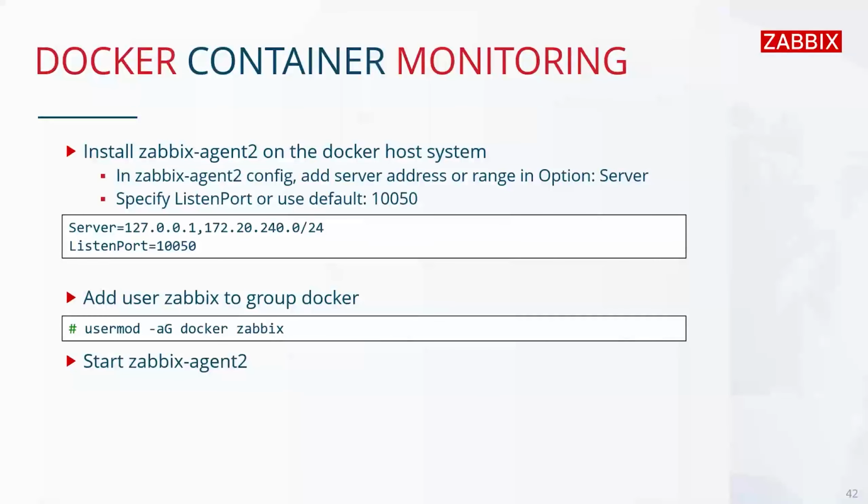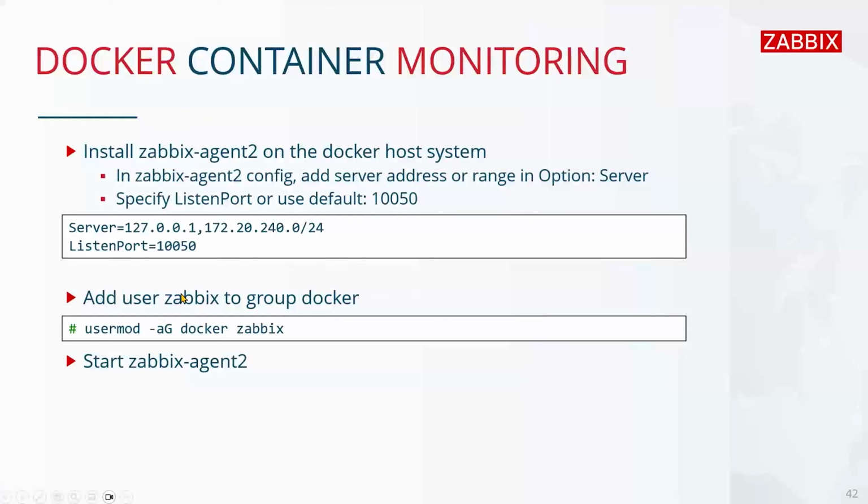You can also monitor your Docker containers. For this, you'll need to install the Zabbix agent on your Docker host system. You'll have to allow the bridged network if you're running your Zabbix server in a containerized environment, and specify the listen port.